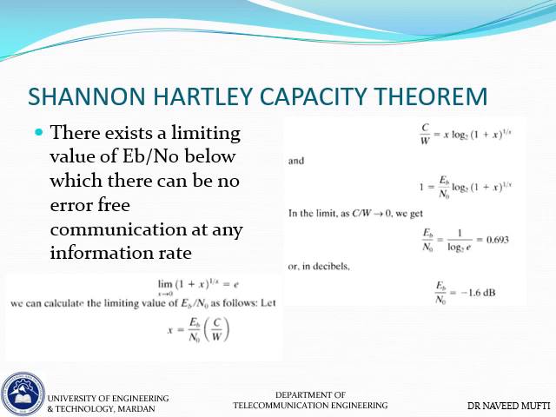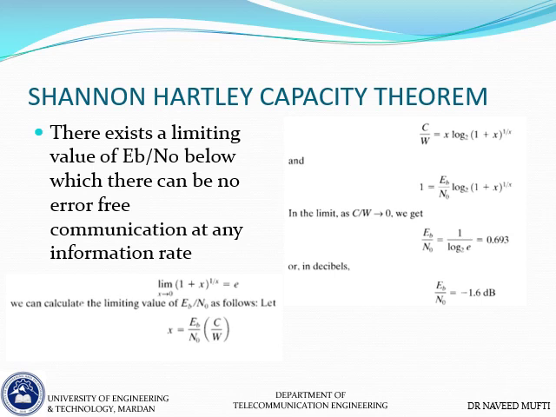So in that case, it simplifies to this. And in the limiting sense, as C by W approaches 0, this is what we get when applying the limit.